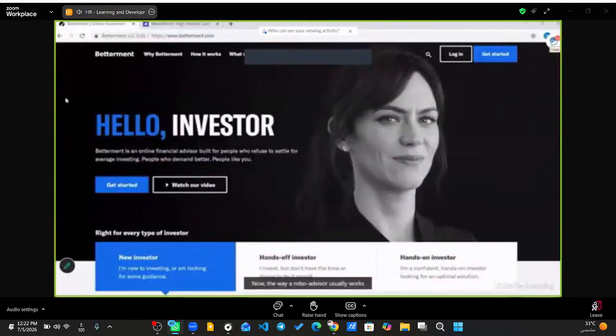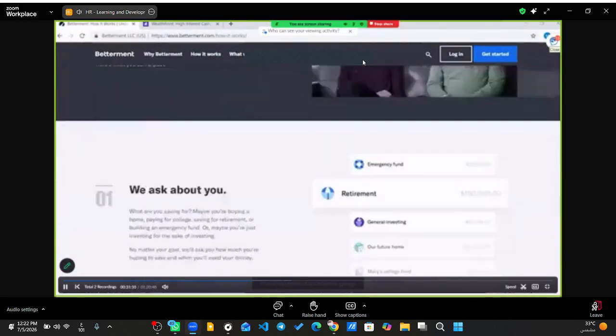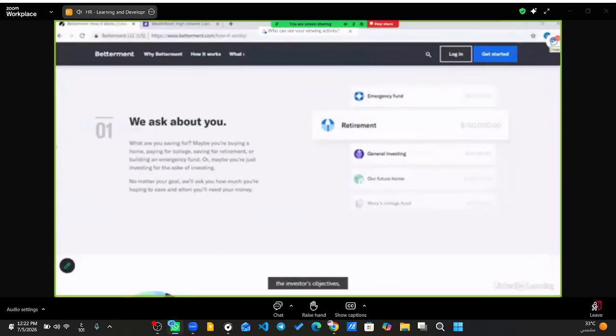Now, the way a robo-advisor usually works is that the program asks the investors a series of questions. These questions are meant to gauge the investor's objectives, what the investor is trying to accomplish over time, what their goals are, and what their risk tolerances are.